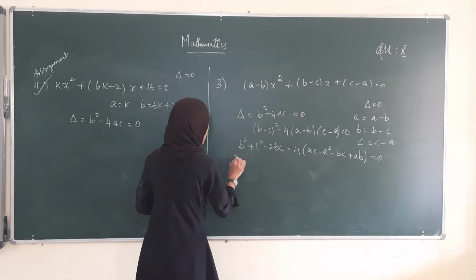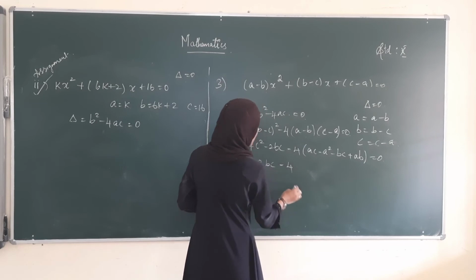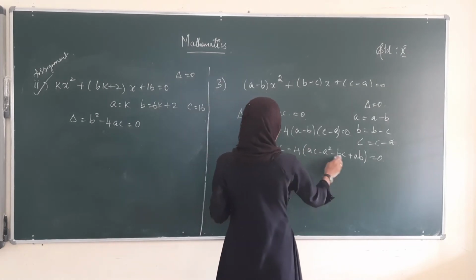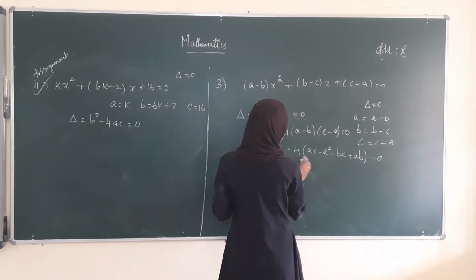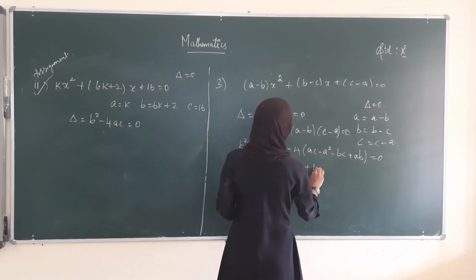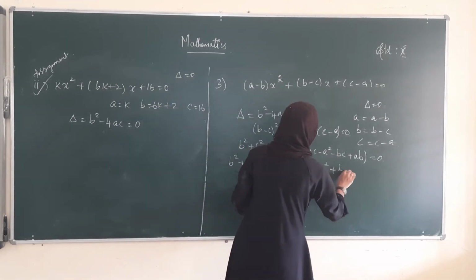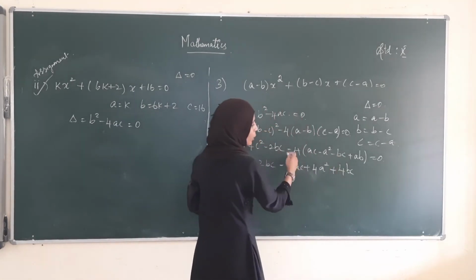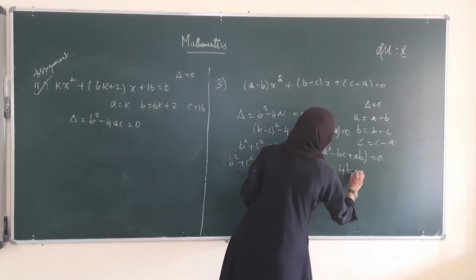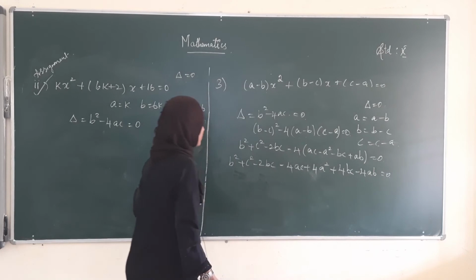That is B square plus C square minus 2BC, minus 4 into all these terms. Minus 4AC, minus 4 into minus A square becomes plus 4A square, minus 4 into minus BC becomes plus 4BC, minus 4AB, equal to 0.